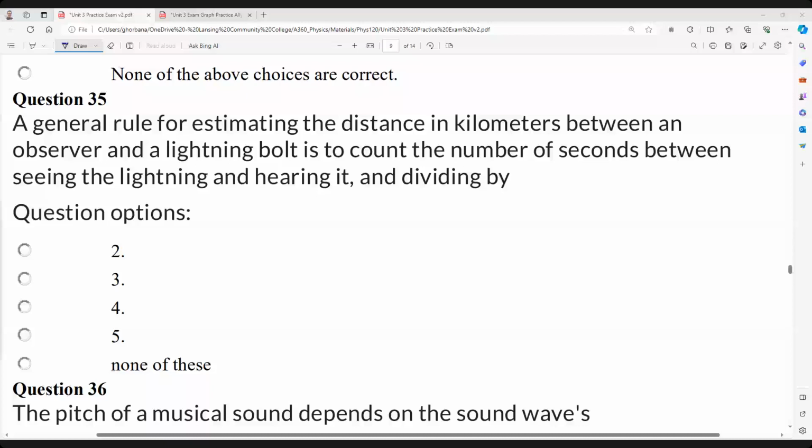Look. The screen is blank. We can't hear you.